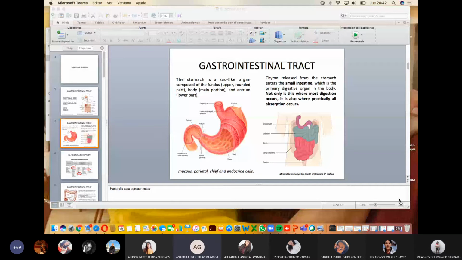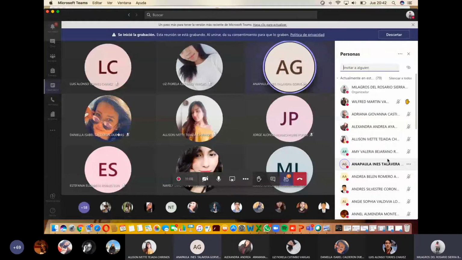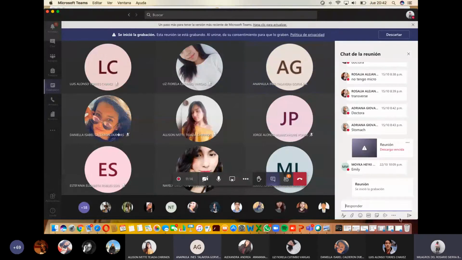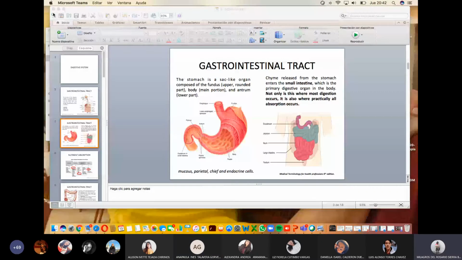Can you repeat? Do you know what the intrinsic factor is? Factor intrínseco. Muy bien. And what is the function of the intrinsic factor? Does someone want to tell me?